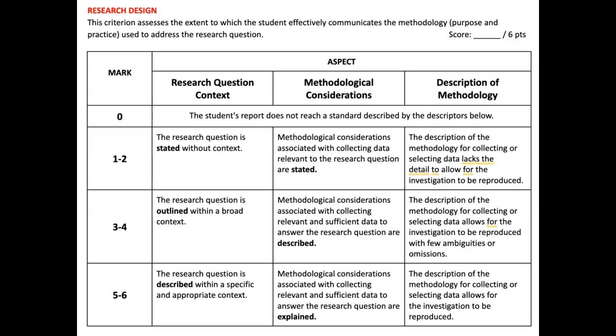Since it's 2 3s and 1 4, it's going to be a 3. But even if it was 2 4s and 1 3, that doesn't make it a 4. So you really have to look at this whole section overall. A lot of times I err on the lower side simply because if you didn't hit that mark, you didn't hit that mark, right? If you didn't hit the 4 across the board, then you probably don't have a 4.